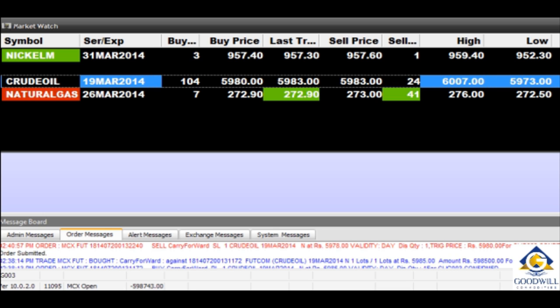Now you can notice the buy price is at 5980. So that was one of the trigger price conditions whatever we had mentioned. No, the order was not triggered because if you see the LTP, it's still 5981.